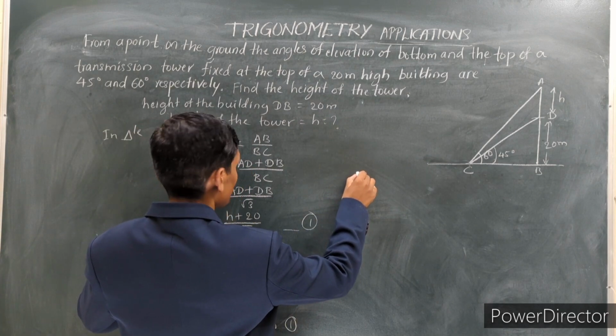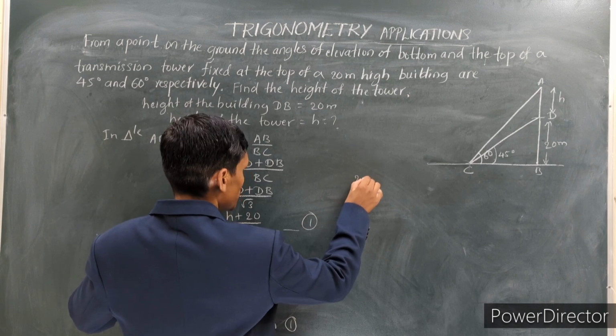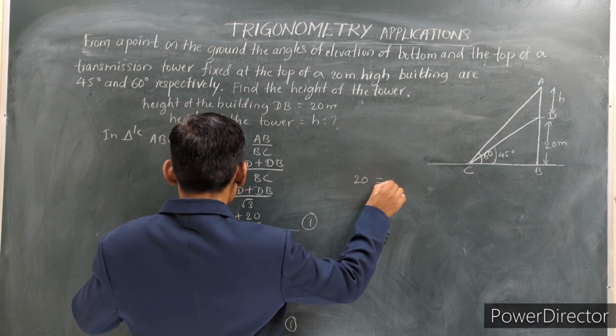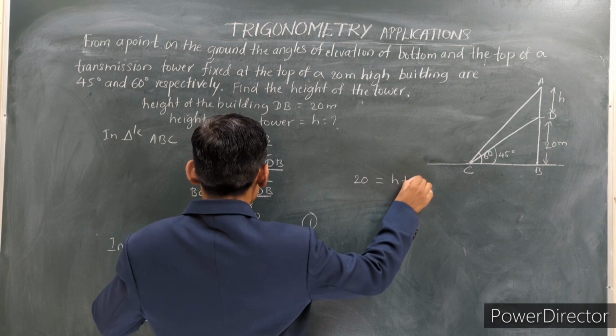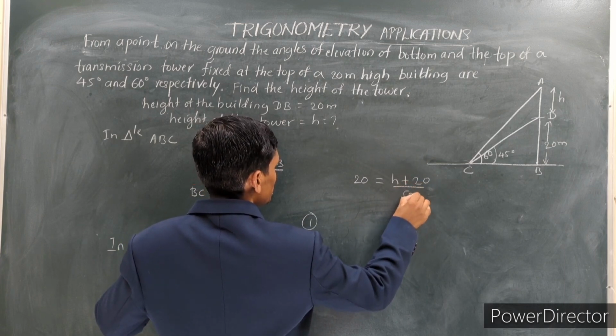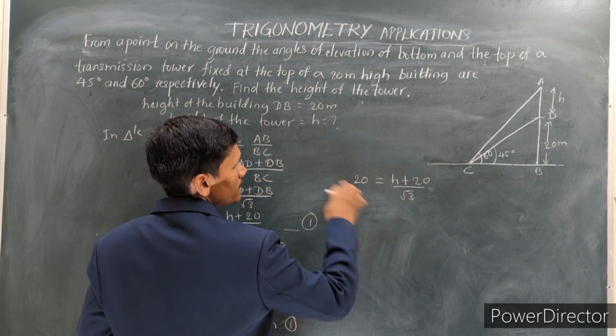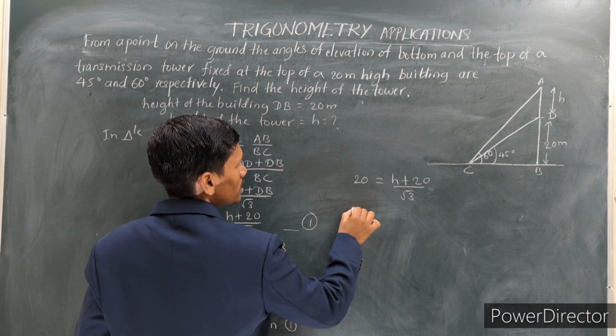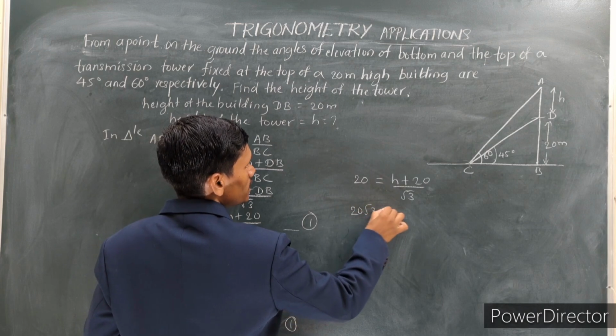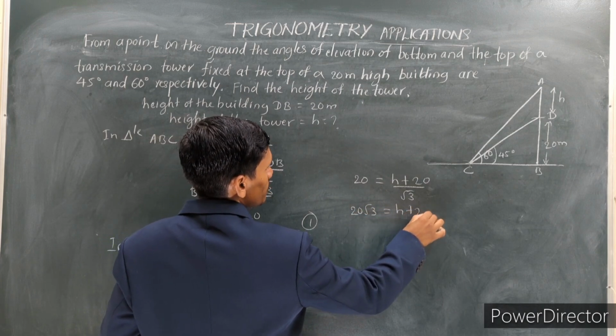BC means it is 20 meter, is equal to H plus 20 divided by √3. You separate this, you bring this side √3. This becomes 20√3 is equal to H plus 20.